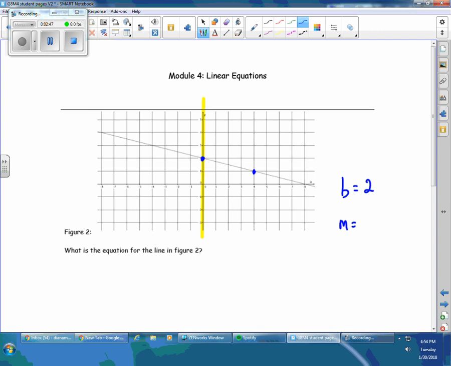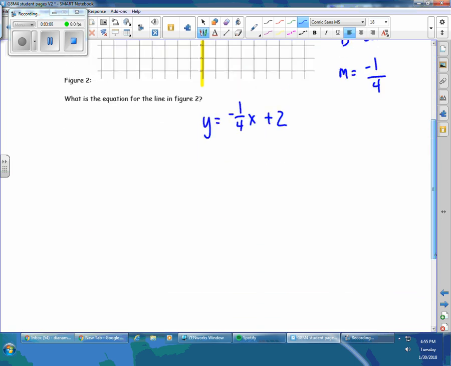So to get from where I'm at, I'm going down 1, so -1, and then right 1, 2, 3, 4. So my slope is -1/4. If I'm writing that equation, y equals -1/4 x plus 2. That would be my equation. I don't know why they gave us a whole page there.